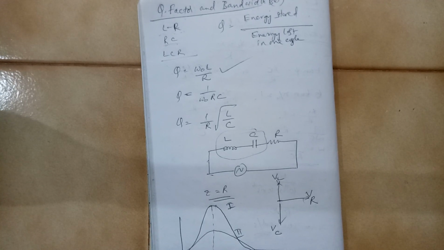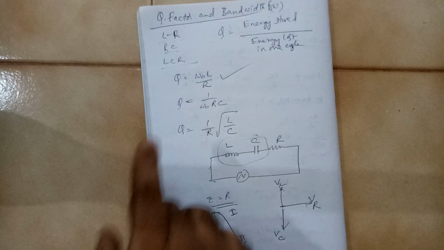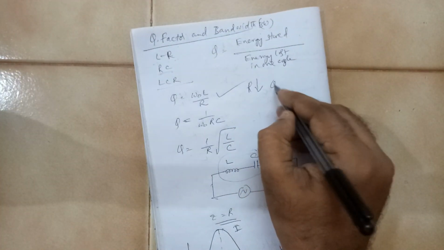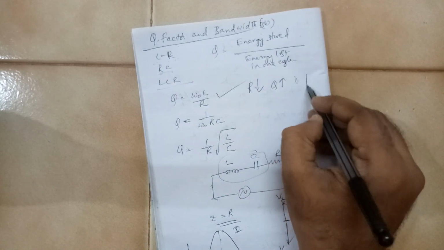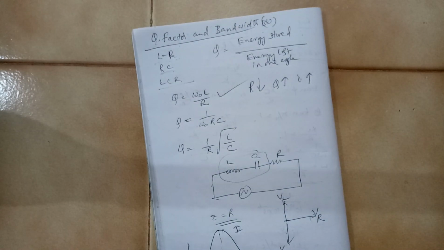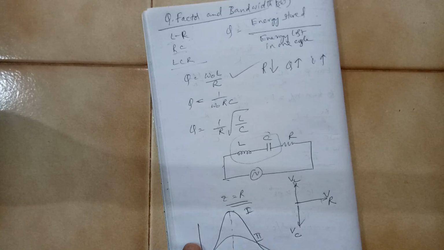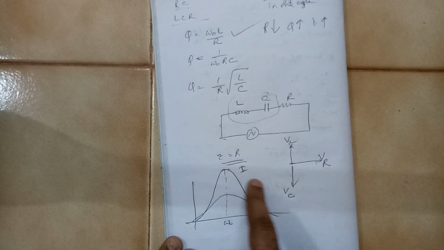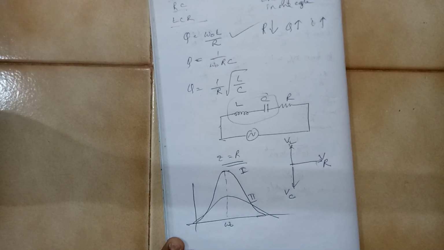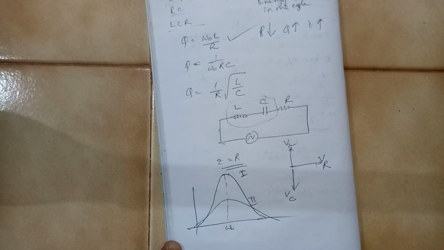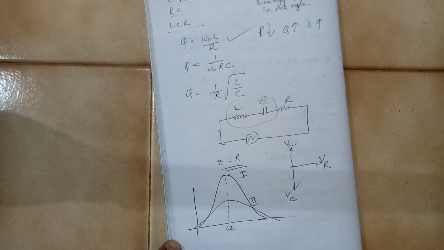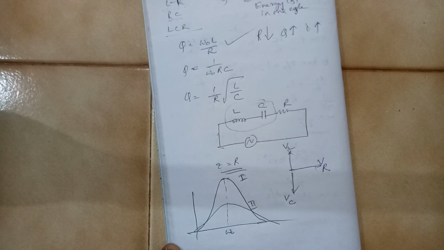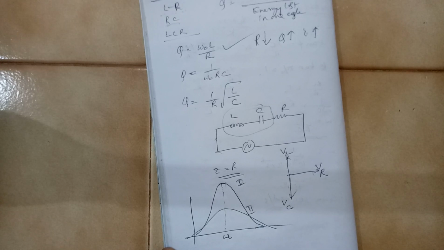Less resistance means a higher quality factor. If R is going down, Q is going up, I is going up. So the quality factor of the first circuit is more than the second, and the first circuit is more preferable because at the same resonant frequency it provides more current, which is what we are looking for.